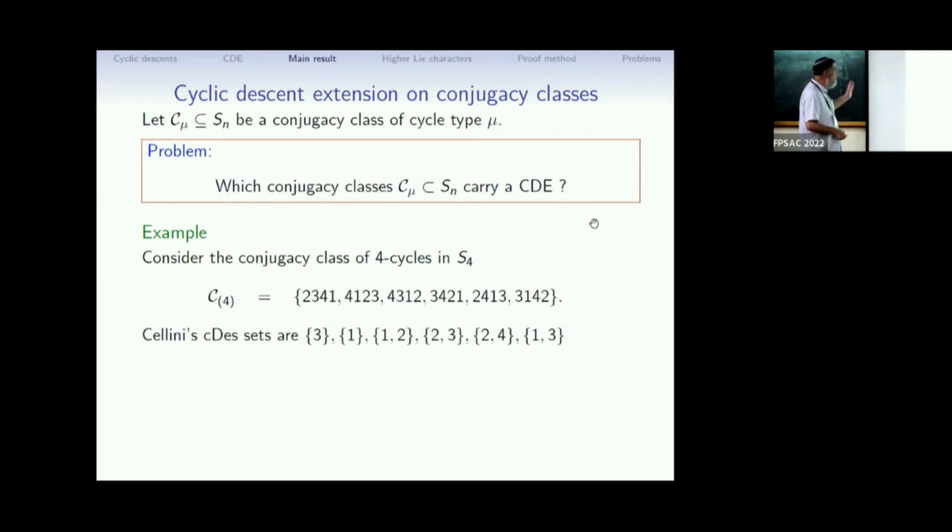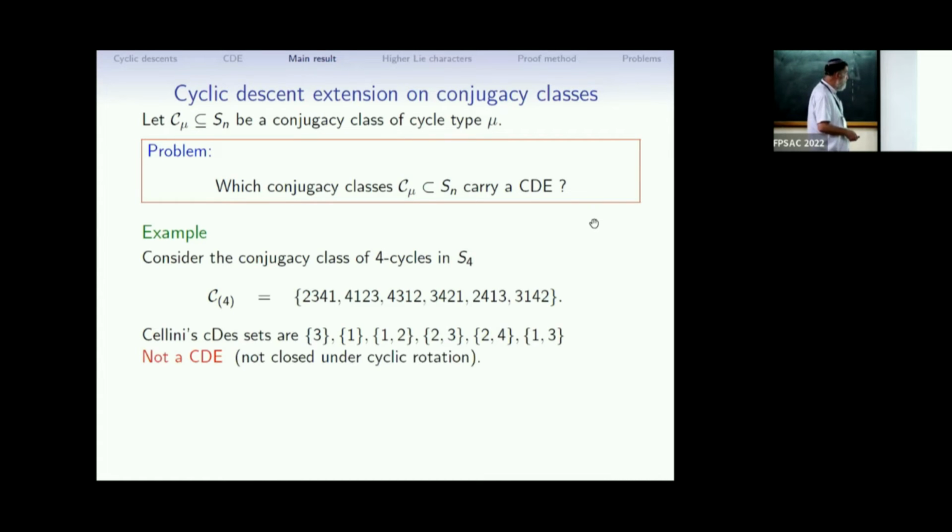If we see the cyclic, okay, this is the candidate, you see 4 here. So the only 4-cycle for which the last letter is bigger than the first one is this one. So 4 appears only here. And this is not a cyclic descent extension. Why? Because if we see 1 here, we should see 2. It should be closed under cyclic rotation, the sets, and they're not. So this is not a CD.